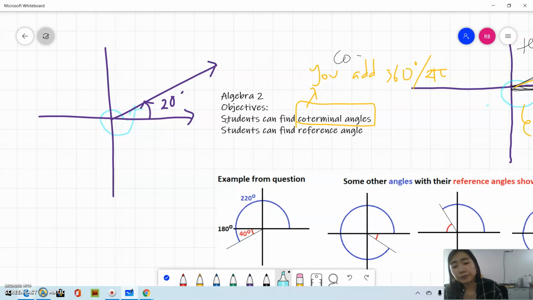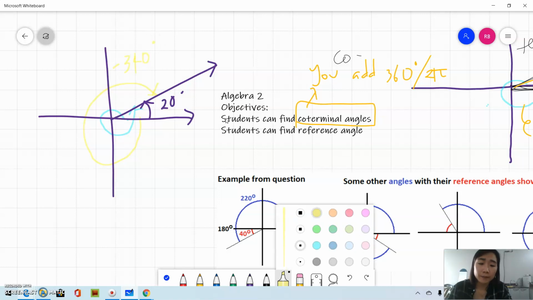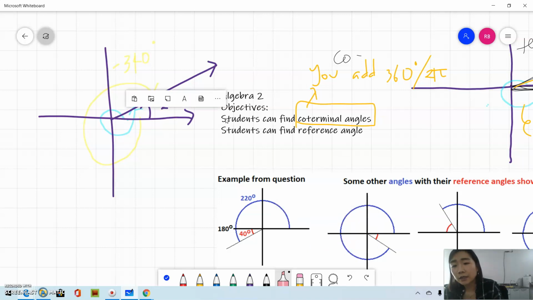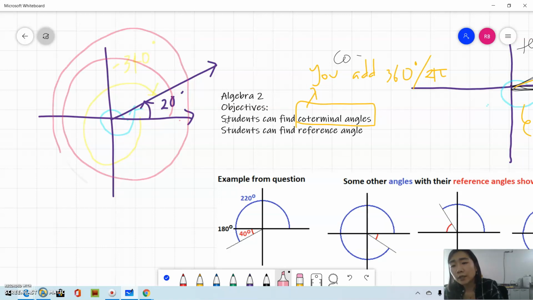Another way is finding a negative angle, which is starting and then going clockwise, and negative 340 degrees is a coterminal angle for 20 degrees. Let's say I go around like this. I start and I go around once and twice to end here. Then I did 360 plus 360 plus 20, which makes it 720 plus 20. So 740 degrees is also my coterminal angle.